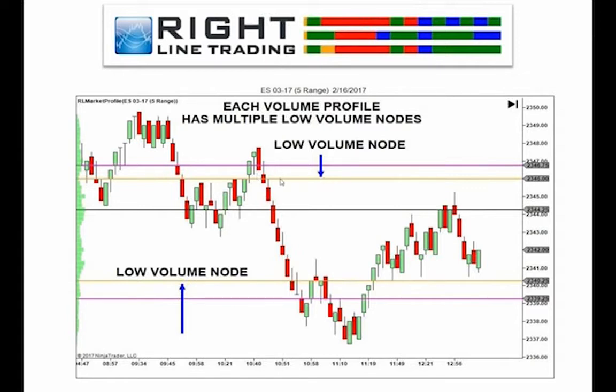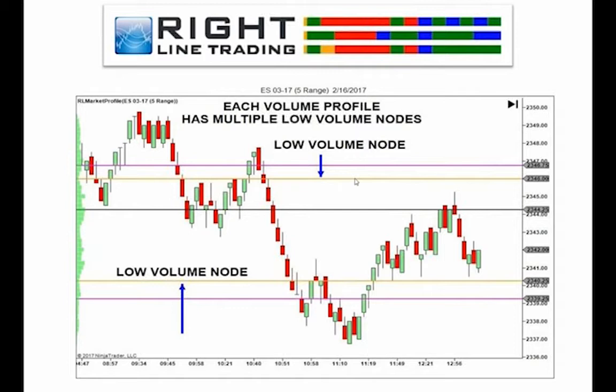The low volume nodes are just the opposite of the point of control. The point of control is where most volume crosses at price.